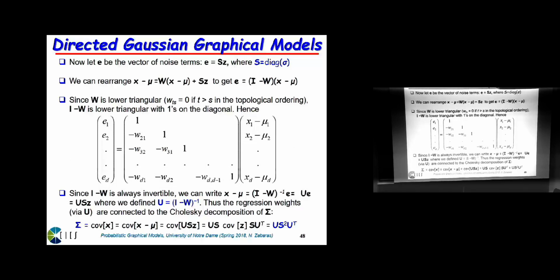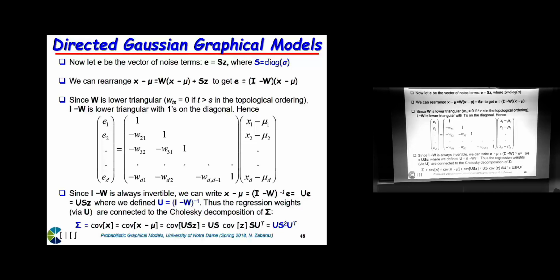If you define, just to start with, E to be S times Z, where S is the diagonal of the standard deviations in the conditional distribution, then X minus mu times I minus W is going to be E. So if I write this explicitly, E equals I minus W, a nice invertible matrix, times X minus mu, and effectively I can solve for X minus mu by inverting the matrix I minus W times E. E is S times Z, so let me call this inverse matrix U. So X minus mu is U times S times Z, and why is that important? Look at this, and this finishes the whole derivation.